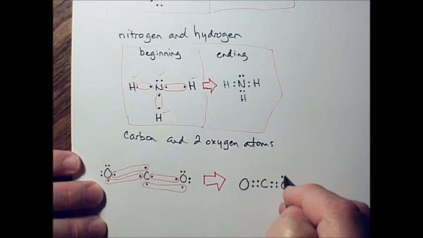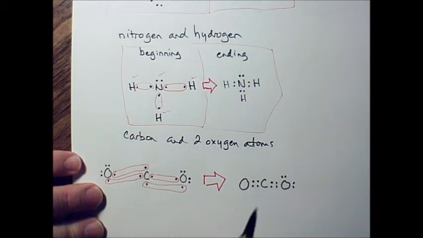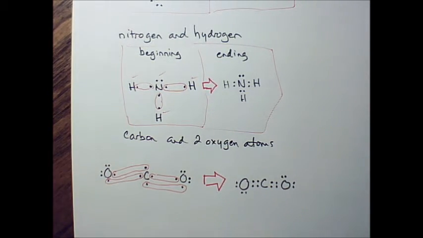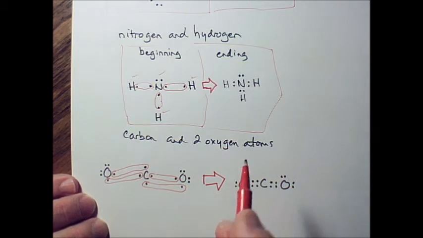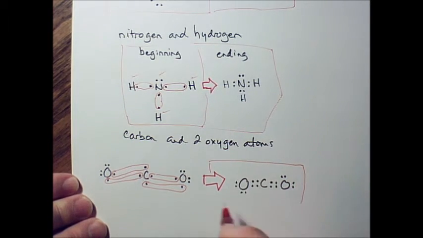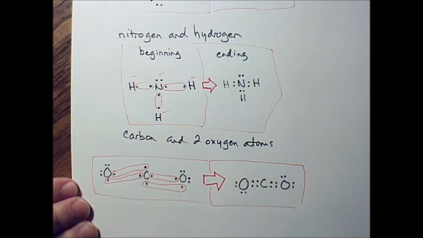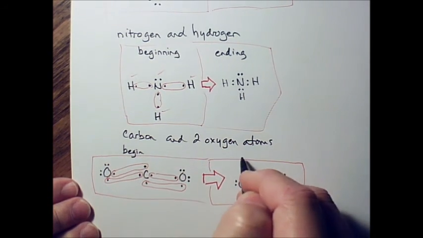And the lone pairs on any 2 of the remaining 4 sides of the oxygen. And so that's the Lewis dot formula for a molecule of carbon dioxide. So you begin here and you end here.